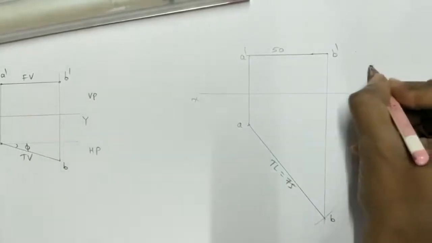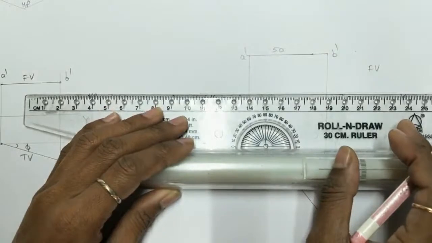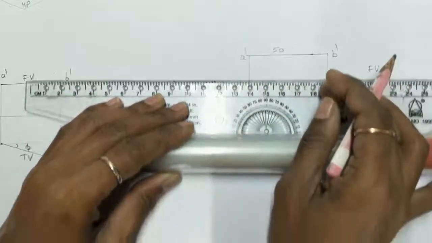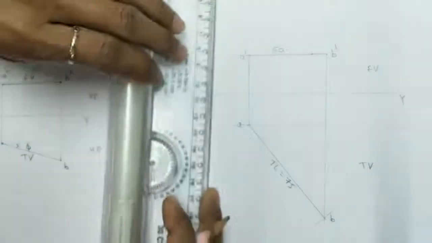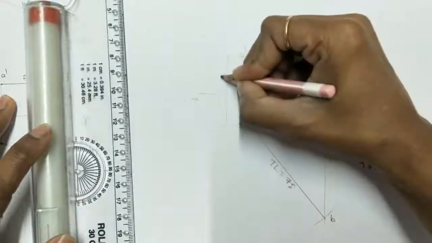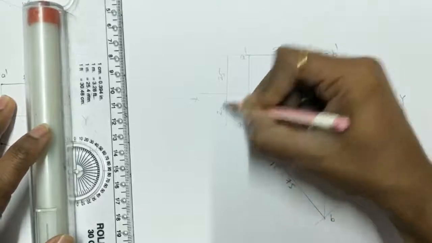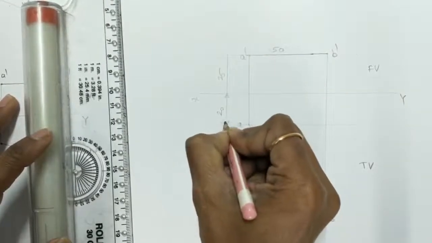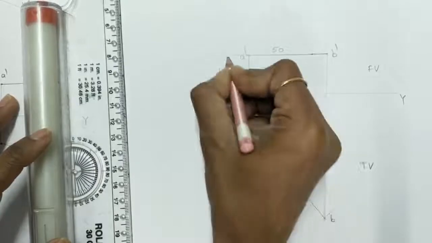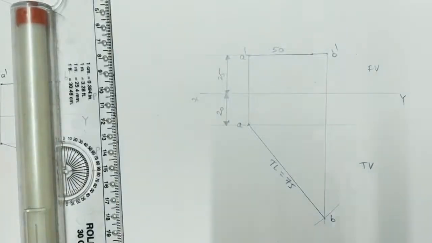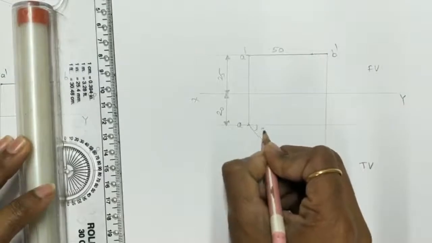This is the top view and this is the front view. Now we can measure the inclination angle, and here show the distance 25 mm in front of VP and 20 mm above HP. So this is angle phi.